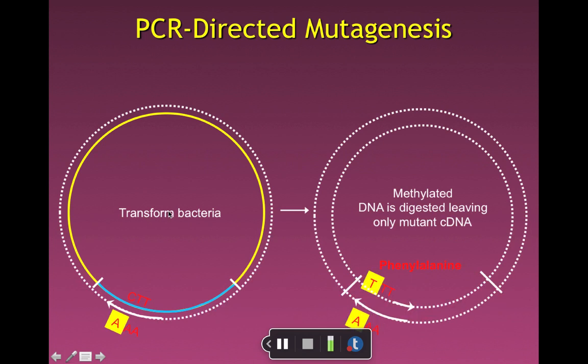The next step then is to take this plasmid, use it to transform bacteria, and essentially what will happen is once inside the bacteria, enzymes will digest or break down the methylated DNA. So all of the methylated DNA is digested, then the bacteria will synthesize a complementary strand to the non-methylated sequence, the outer sequence in white here.